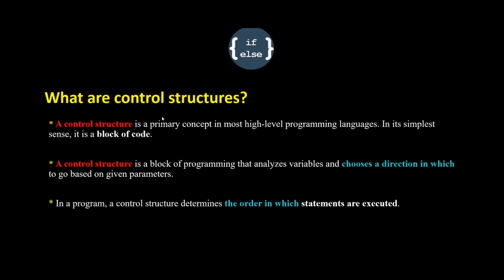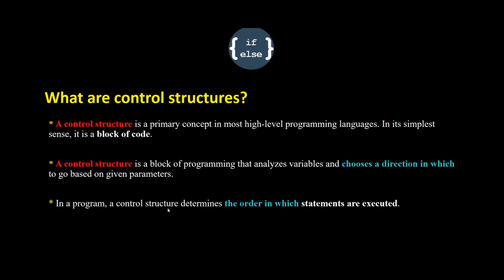A control structure is a primary concept in most high-level programming languages. In its simplest words, it's a block of code that analyzes variables and chooses a direction in which to go based on given parameters. So, we will choose the direction of the program.